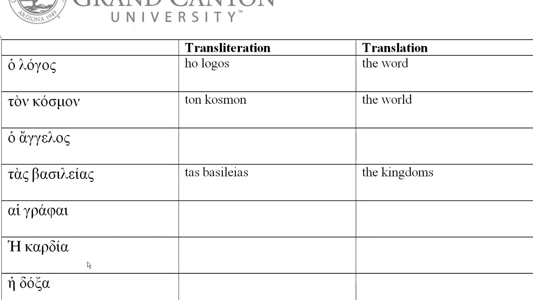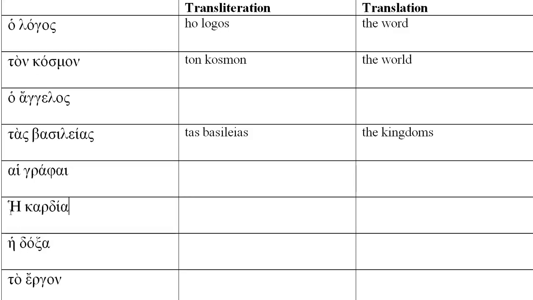There's only one of these that does not have a definite article. That's down here, apostoloi. So when you translate, you will not put a the there. So no the. One last thing to notice here is this looks a little bit strange. This looks like an English capital H. It is a capital eta.